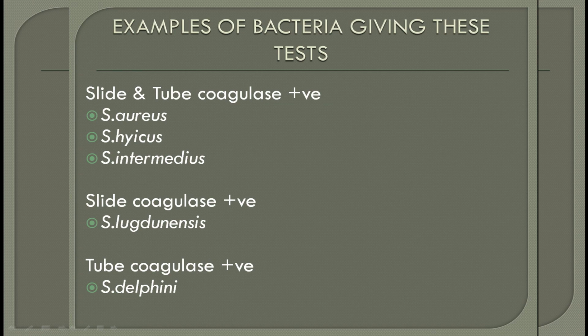And only tube coagulase positive, Staphylococcus delphini. These are more or less bland examples, but if you don't remember anything, only remember that Staphylococcus aureus is both slide and tube coagulase positive.